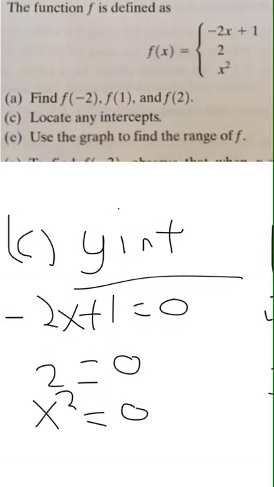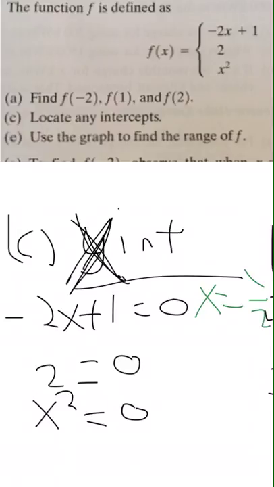Remember, for x-intercepts, the y-coordinates are equal to 0, so that's why you set them equal to 0. For the first equation, when negative 2x plus 1 is equal to 0, you get that there would be an x-intercept at 1/2. Since 1/2 is in that interval from negative 3 to positive 1, there is an x-intercept at 1/2, 0.